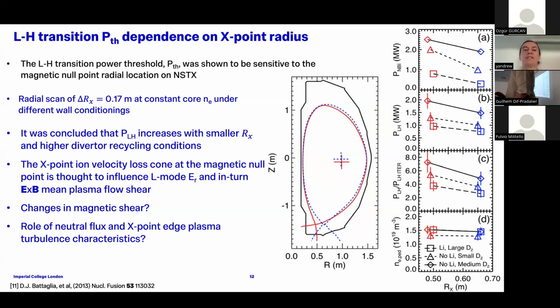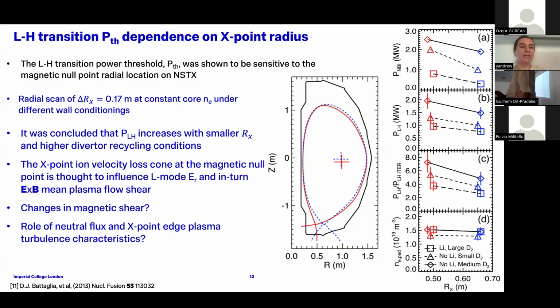It was a good attempt to keep some of the values constant, and we tried to separate out here high recycling conditions versus low recycling divertor conditions by using a lithium coating in the divertor. So the key outcomes from that work was that the power threshold increased significantly at the smaller radial location of the X point and under higher divertor recycling conditions.